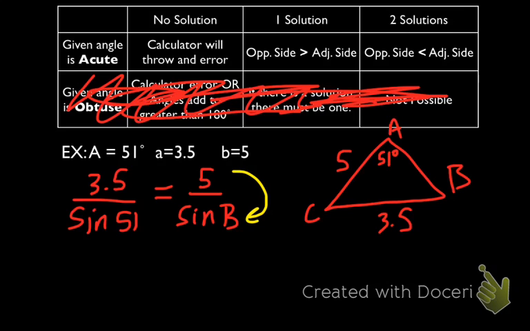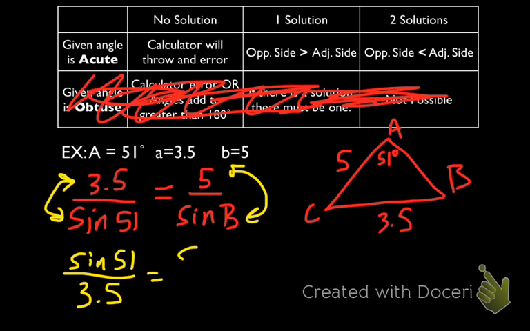That is an absolutely okay algebraic move to make. And rewrite it as sine of 51 divided by 3.5 equal to sine of B divided by 5.